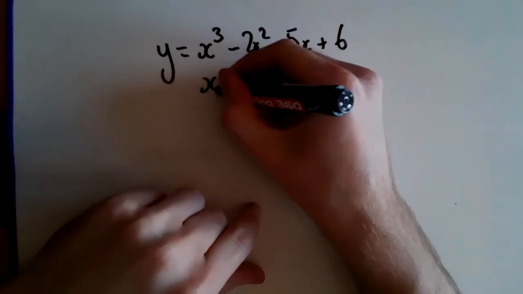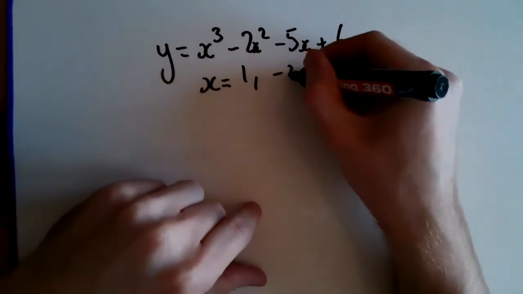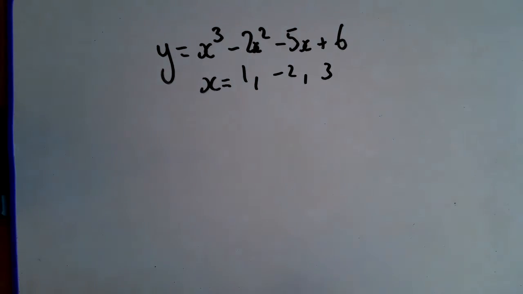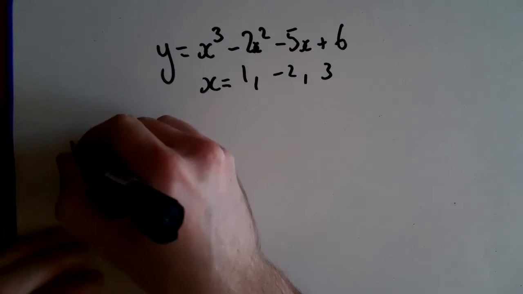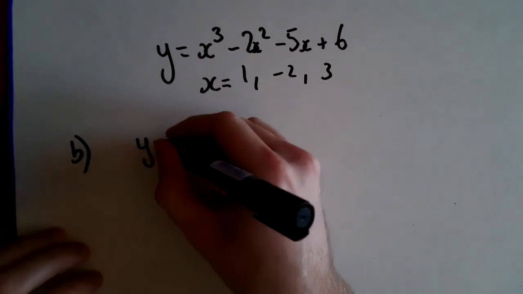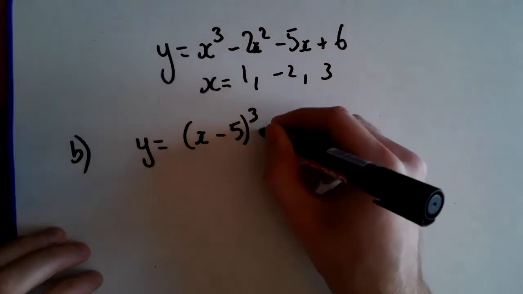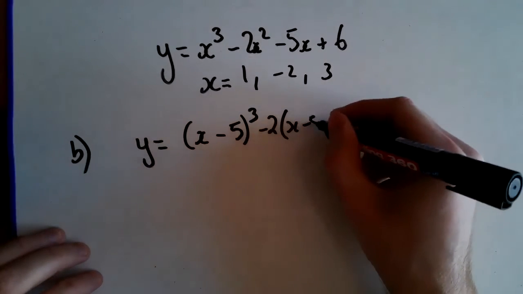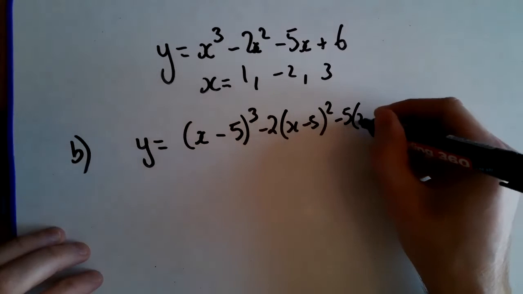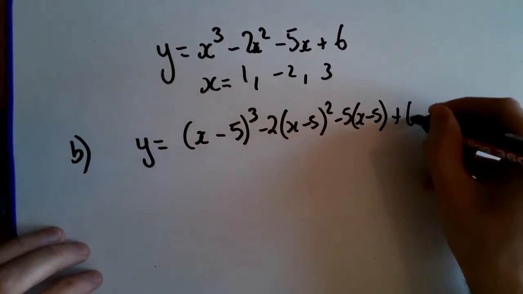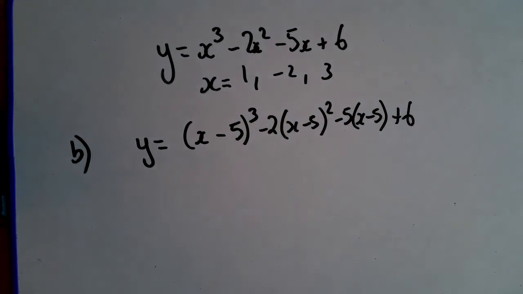So I'll just give you the roots. So we get 1, minus 2, and 3. They might then say in part B, give you a new graph, y equals (x minus 5) cubed, take away 2 lots of (x minus 5) squared, take away 5 lots of (x minus 5) plus 6. And they might ask, what's the root of that equation?